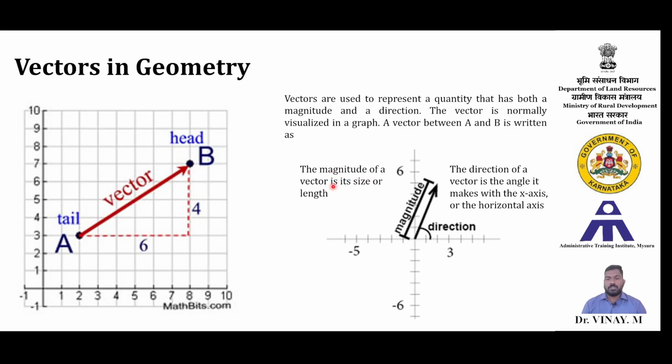The magnitude of a vector is its size or length. With the help of vectors, we are able to construct the line, and we are able to construct the polygon. So those are the two broader concepts in GIS, that is vector data and raster data. So vectors are nothing but the data which contains both magnitude and direction.